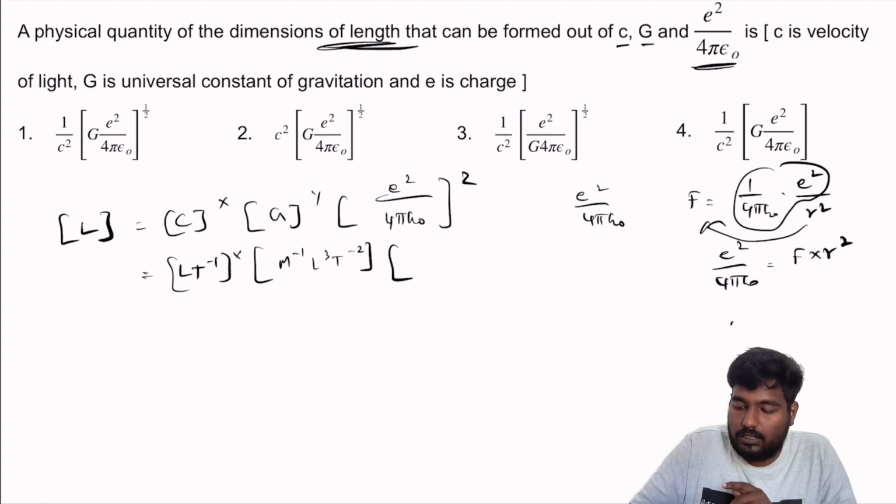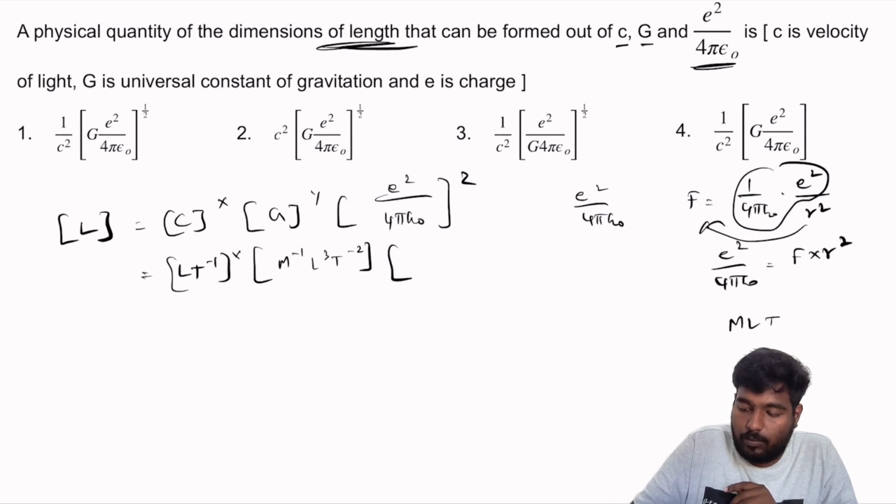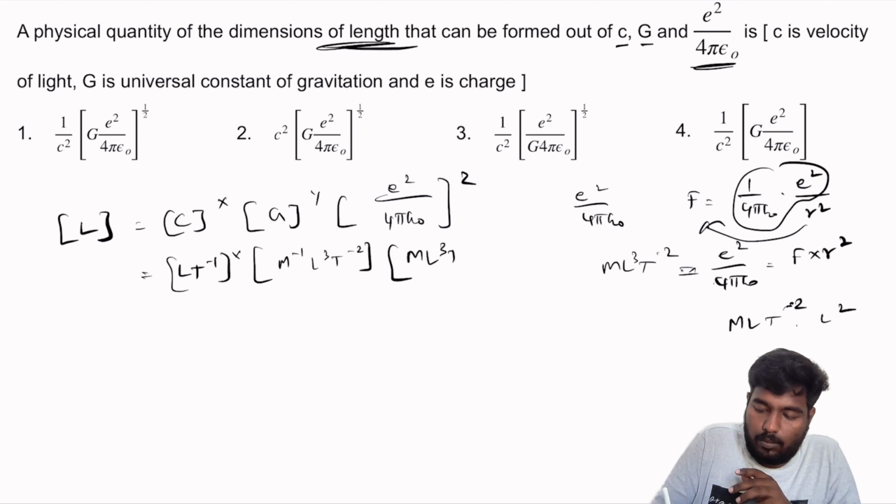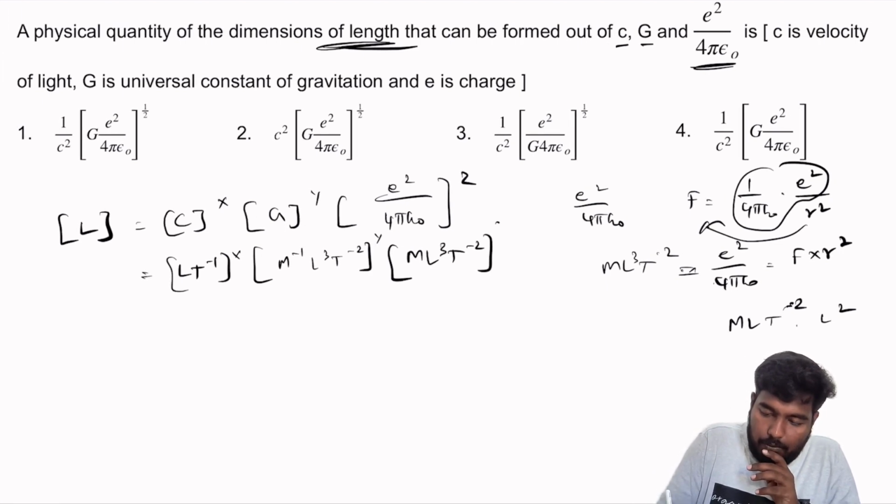I know that force is m L t power minus 2, into r square, which is m L cube t power minus 2. So this quantity's formula will be m L cube t power minus 2, for y and for z.